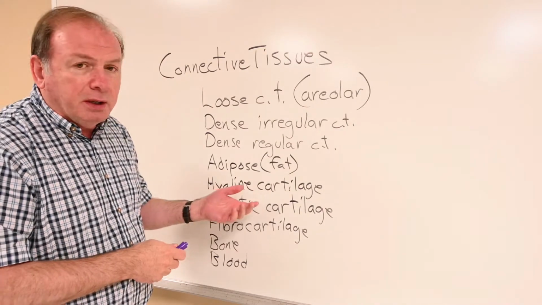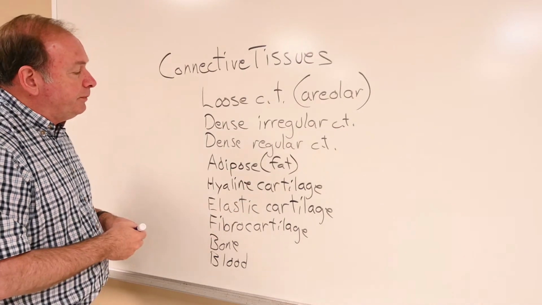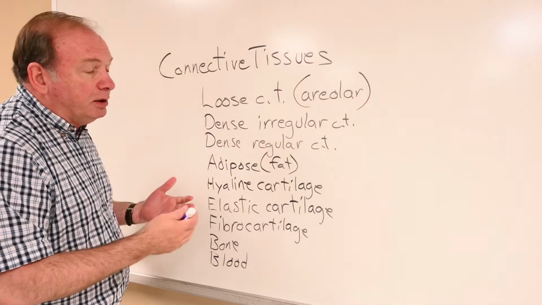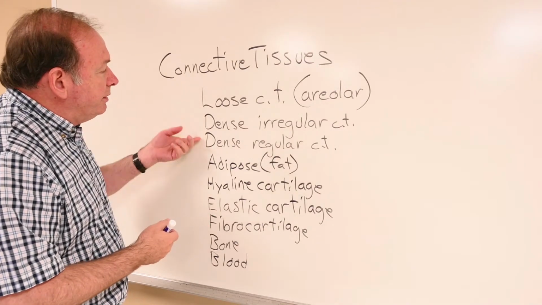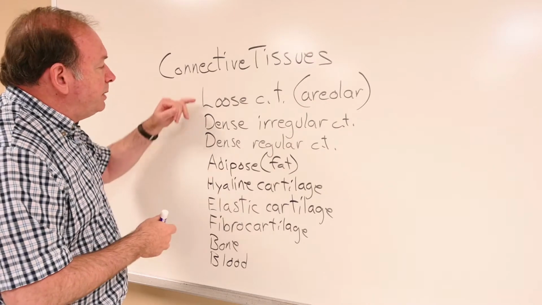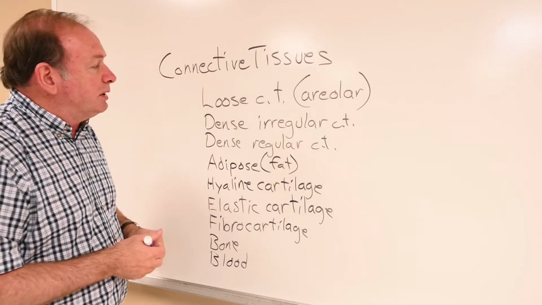There is no significant fiber component in that tissue, and little extracellular material space. By the way, the extracellular material space in these connective tissues we refer to as a matrix.